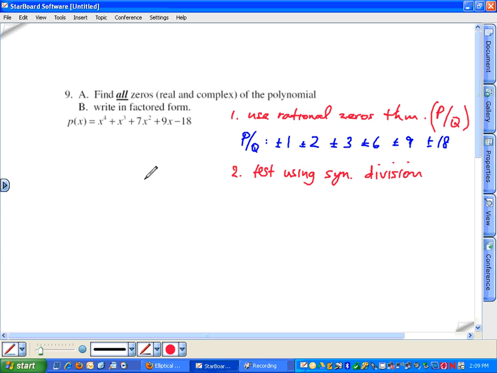So I'm going to start by testing 1, using synthetic division and the coefficients of the polynomial. There are no missing pieces: there's x to the 4th, x to the 3rd, x squared, x to the 1, and then our constant. So we don't need a placeholder of 0. Now perform the synthetic division.